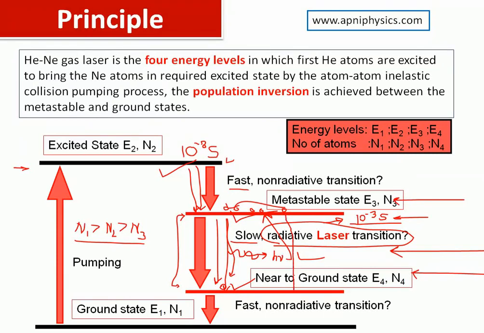So the two photons emitted because of the stimulated emission process will be of the same frequency and in the same direction, right? Direction is same, frequency is same, and because of the frequency, you know, nu is equal to c upon lambda.